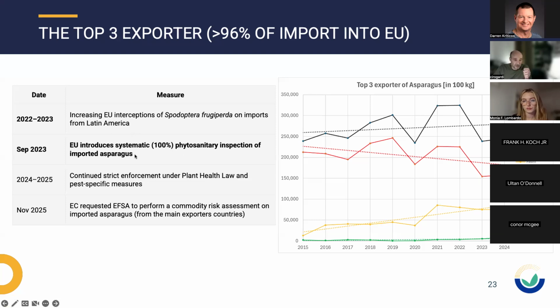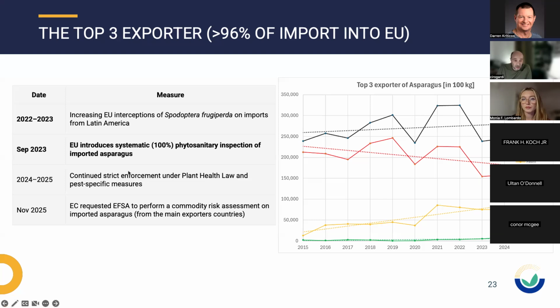And this was a kind of loop, because with more inspections, many other pests were identified, many other interceptions. So not only Spodoptera frugiperda, but also other arthropods, other insects maybe.